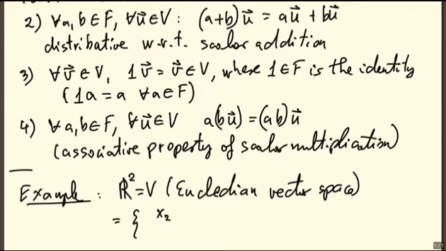Sometimes I will use column vectors, sometimes row vectors. It doesn't matter. So it has usually two coordinates, x1 and x2, and x1, x2 are real numbers.